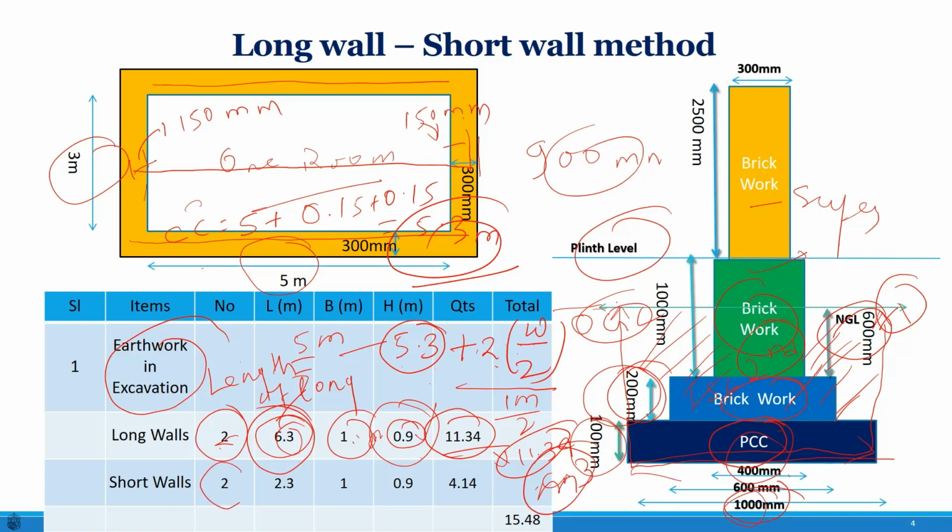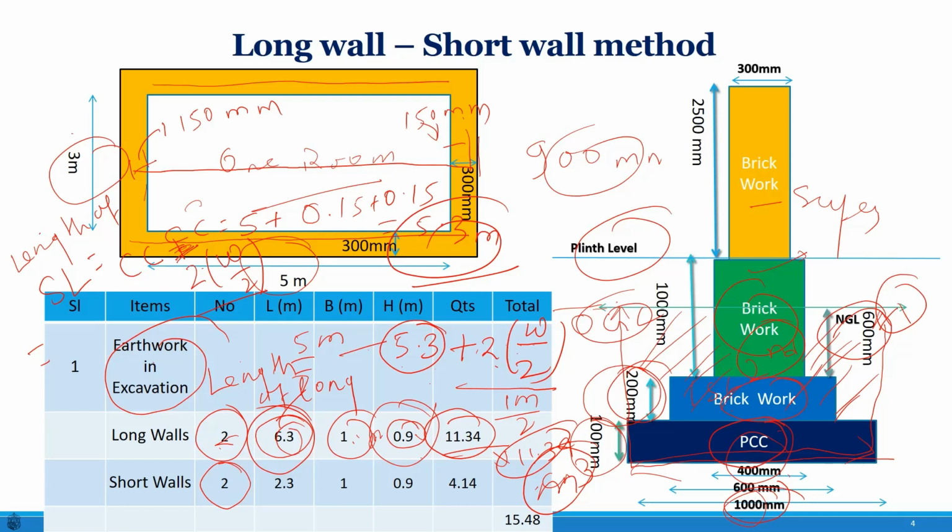Again for the short walls, you have two short walls on either side. For the length of the short walls, what we said in the last slide is that the length of the short wall is the center to center length of the shorter direction minus 2 times half of the width of the particular component.